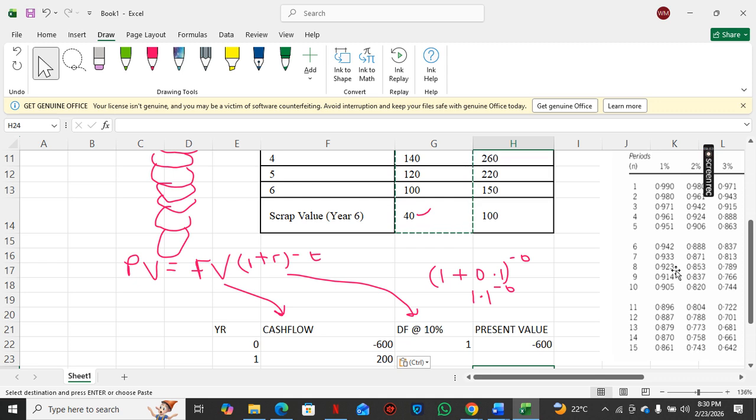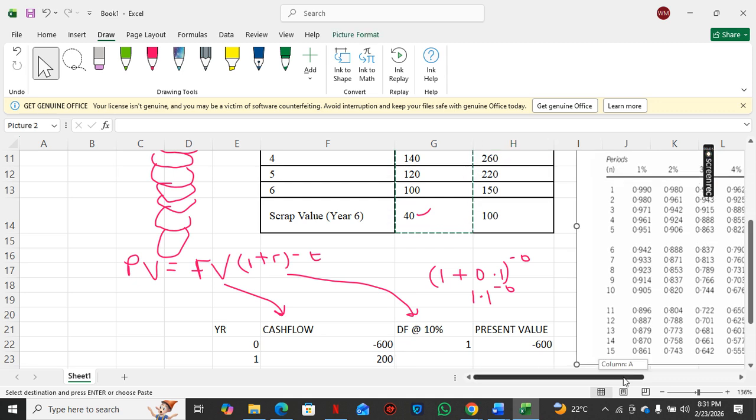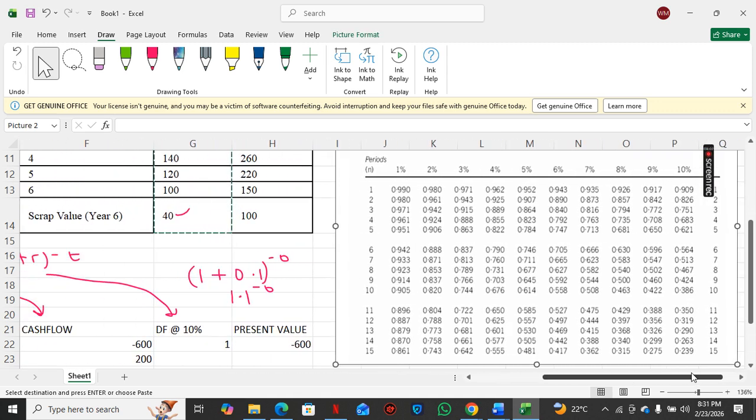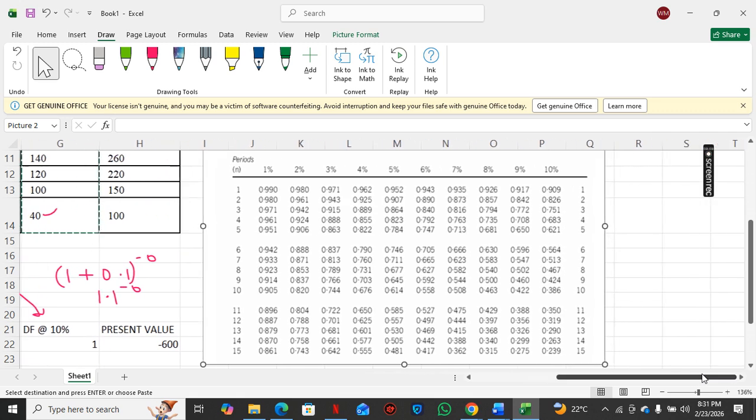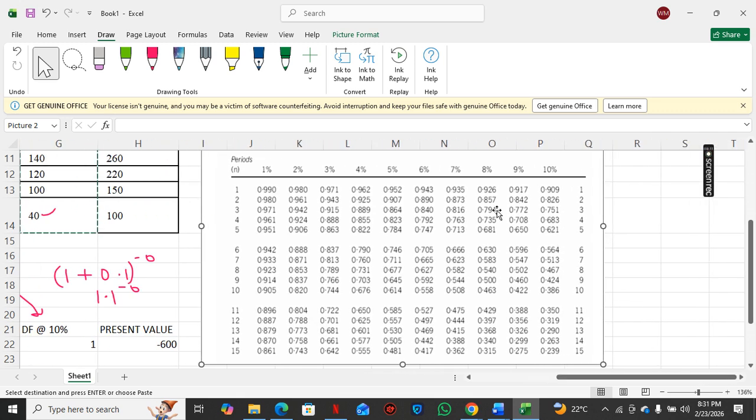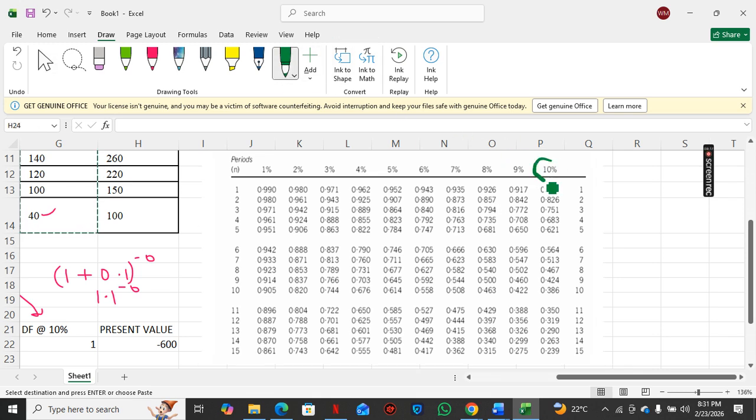For the discount factors, I'll go to the table. Year 0 is not on the table, that's why you saw me do that. Our discount rate is 10%, so these are our discount factors. Year 1, 0.909.